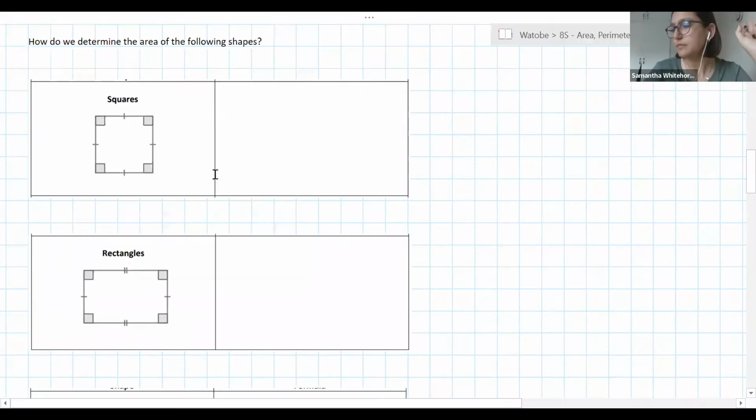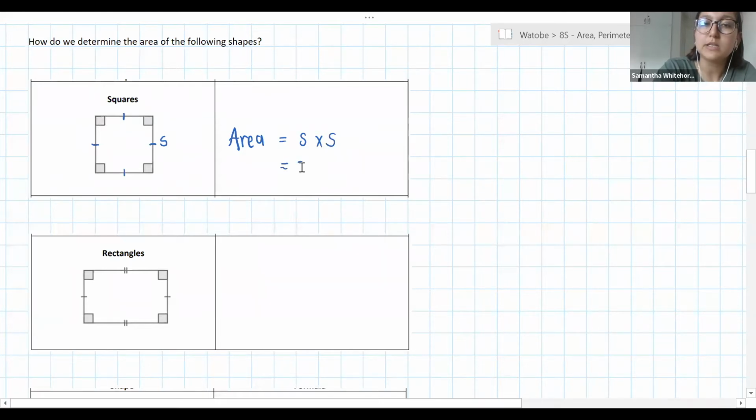Okay. If we think about a square, we know that a square is unique in the fact that not only are all its interior angles 90 degrees, but all of its sides are equal in length. And so if I represent the side using an S, to work out the area of the square, I would say side times side, exactly as Julianda's just put on the chat.